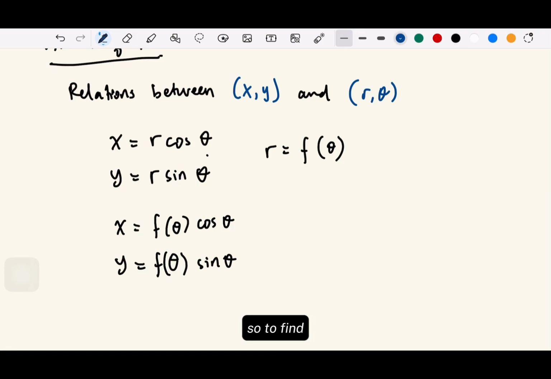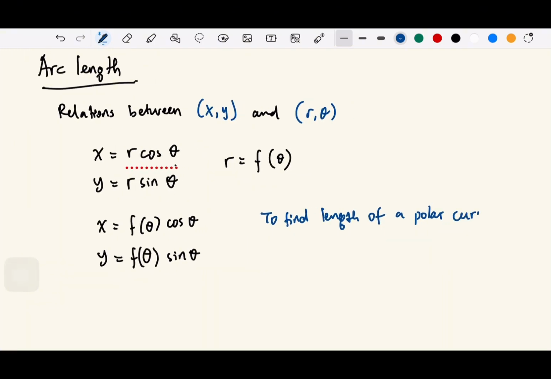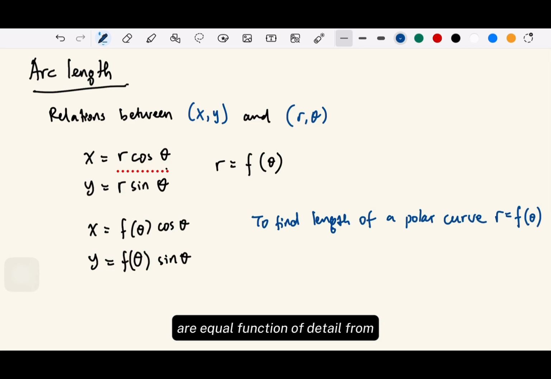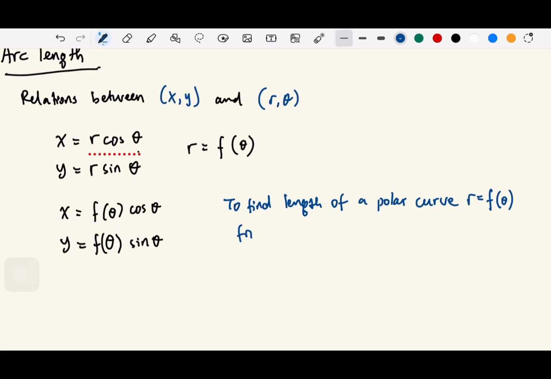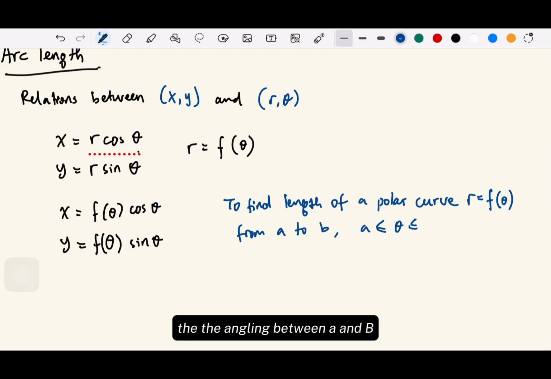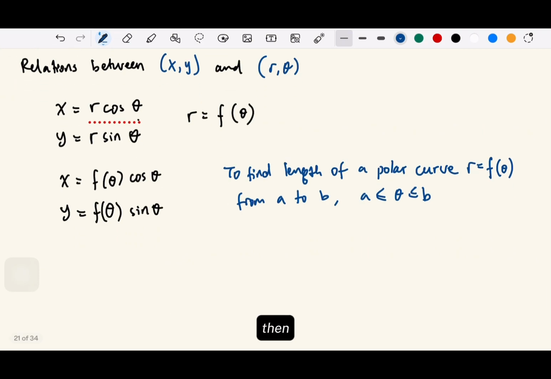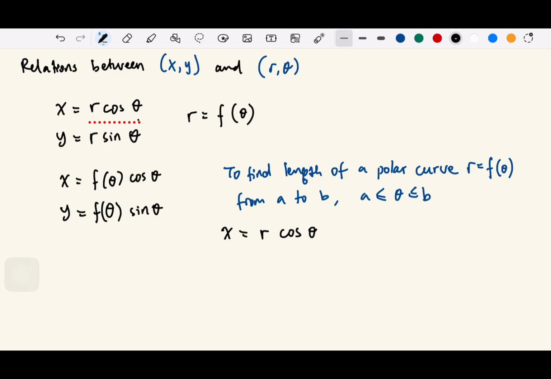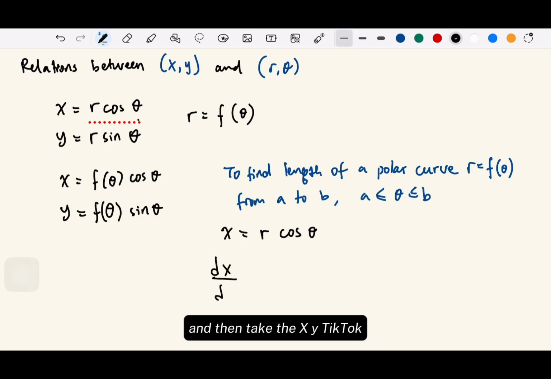So to find the length of a polar curve, r equal function of theta, from A to B, and the angle in between A and B, then we are going to start to write, let's just write x equal r cosine theta, and then take dx d theta.